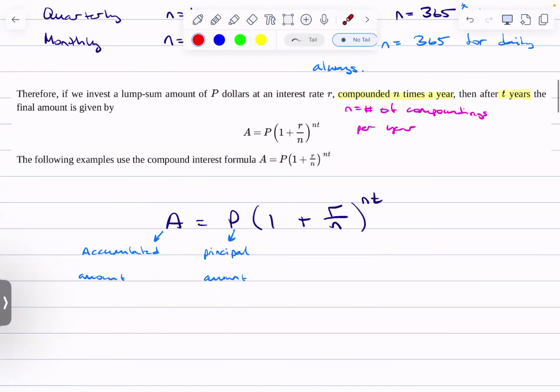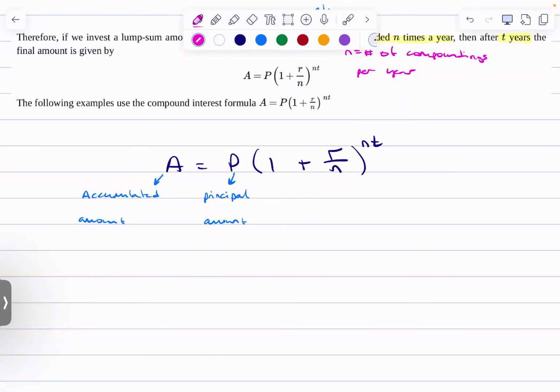So if n is the number of compoundings per year and r is the interest rate, now unless it says otherwise, you can assume that the interest rate is just per year. It'll always have to say if it's not per year. So what's this R over N?